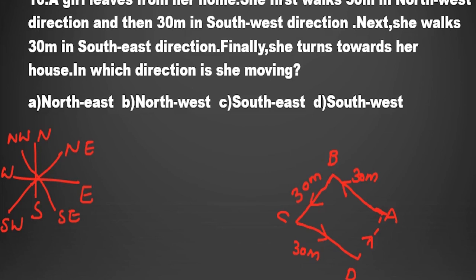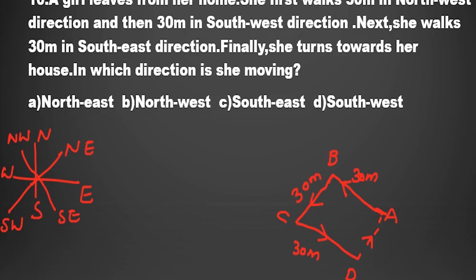First, a girl leaves from her home, from the point A, and she walks 30 meters in the northwest direction. Northwest direction is AB, 30 meters, and then 30 meters in the southwest direction. From B, she walks southwest up to C, 30 meters. Next, she walks 30 meters in the southeast direction. From C, she walks southeast up to D, 30 meters.